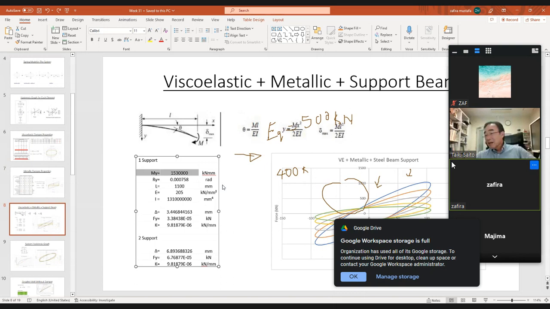One moment. Sorry, how do you get the capacity of the supporting beam?